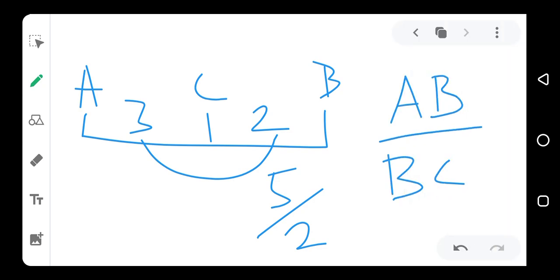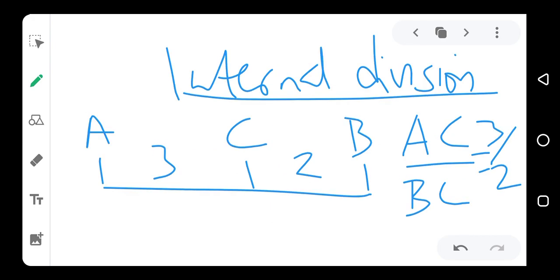Now I'm just trying to use this concept to show you how a line is divided internally and externally. So in external division, we consider AB over AC or BC, depending on which one you are looking for. And in internal division, we look for AB over BC.